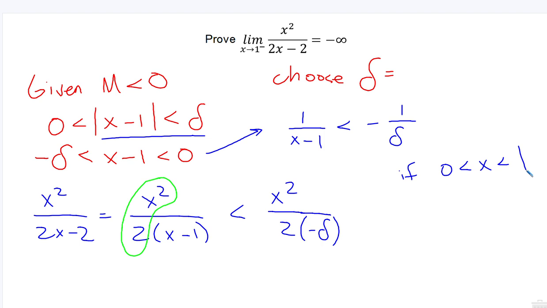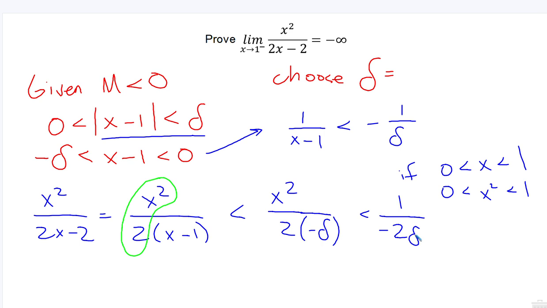If this is a true statement, then it should follow that x squared is still less than 1 and also still greater than 0. And if x squared is between 0 and 1, that means I know for sure that it is less than 1. So I can make this logical leap that this is less than 1 over negative 2 delta, right?